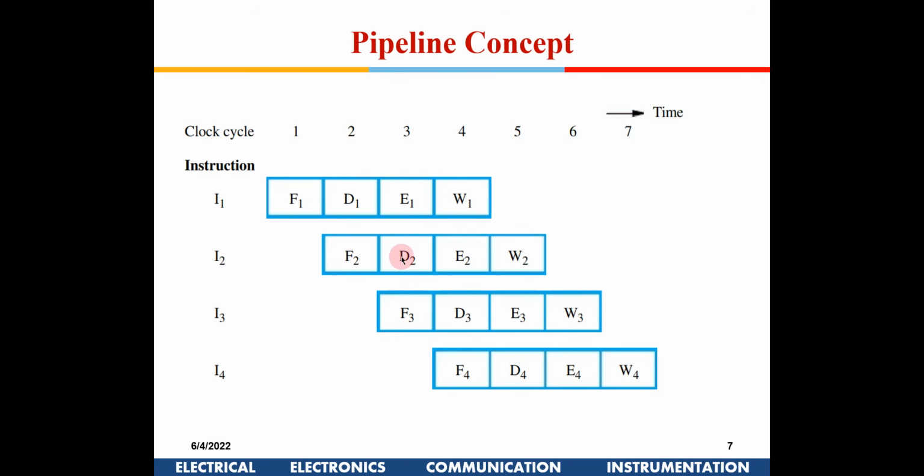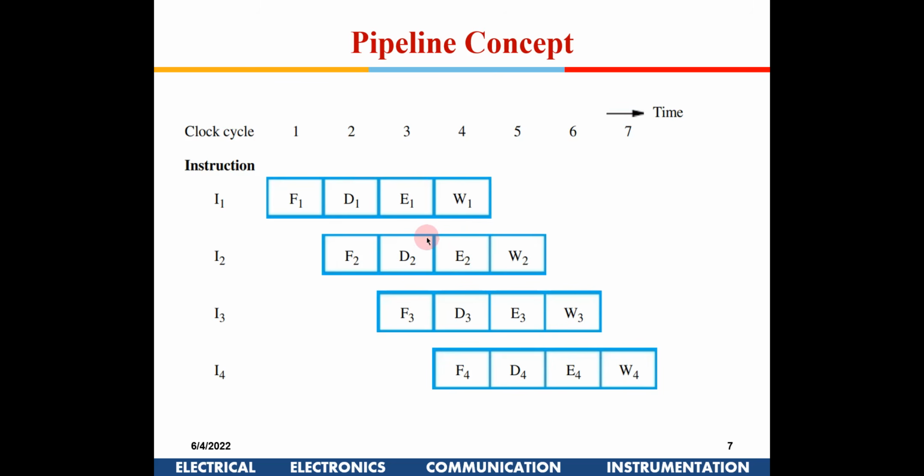Meanwhile I am doing B plus A. Here I am going to take the data of A, but A is not yet updated. A will be updated only at the end of this cycle.